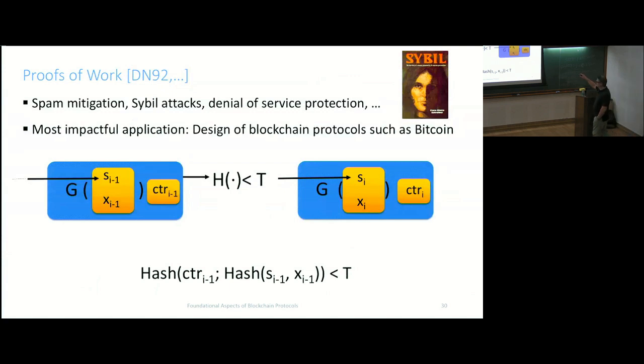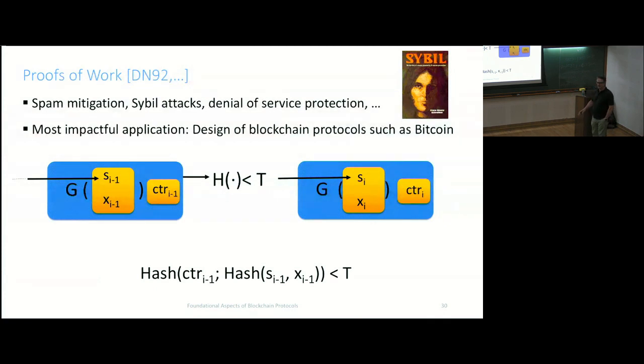You can think of this as the transactions at that point, and this is a compressed version of the previous state. All this is hashed, and there is the witness that you look for, so that when you hash the whole thing, it's less than a threshold value.